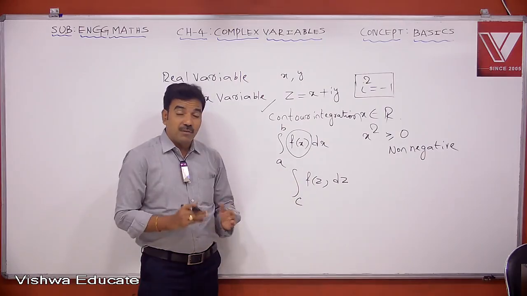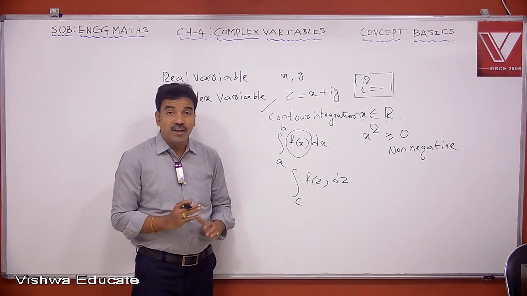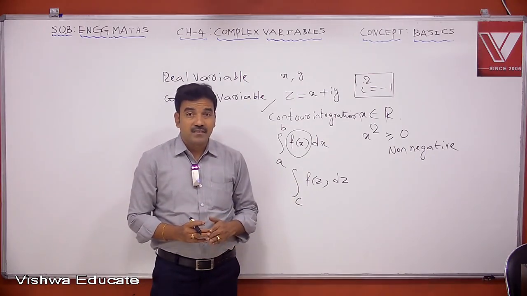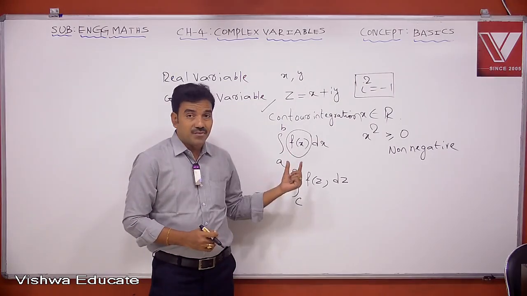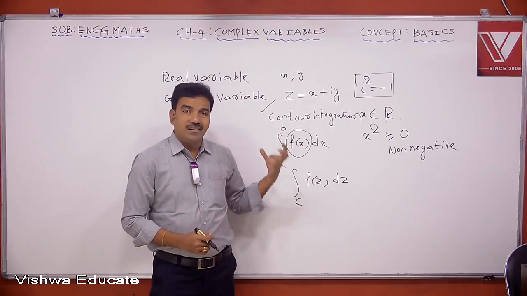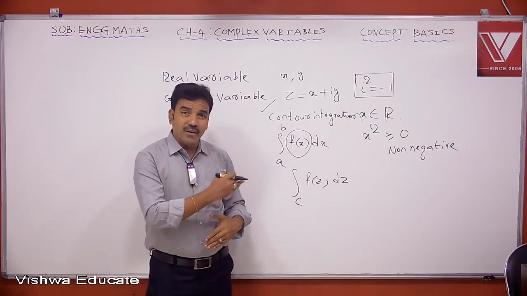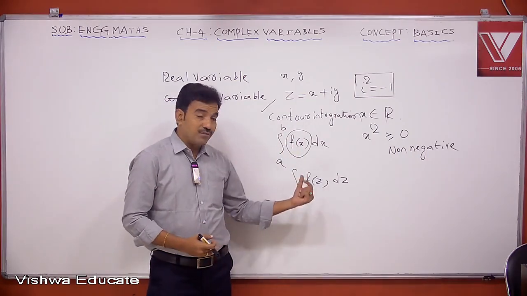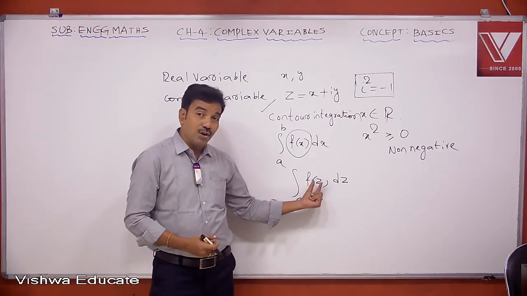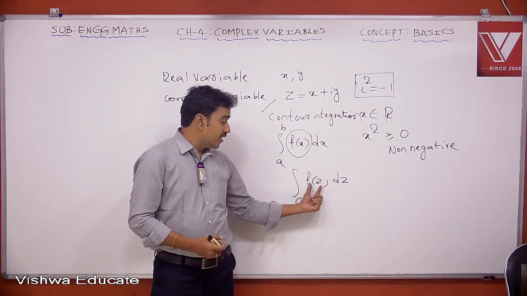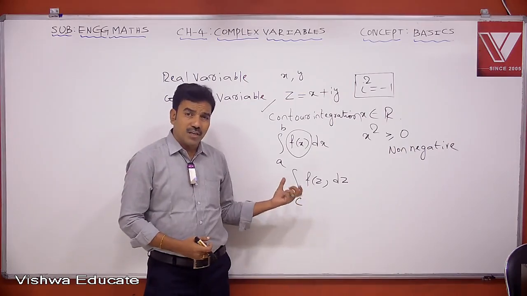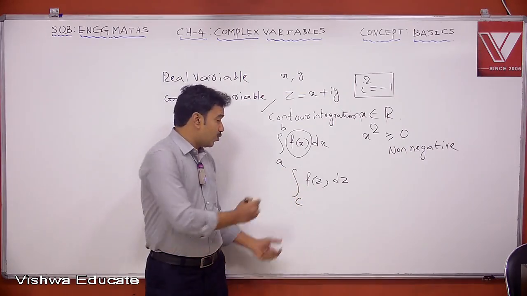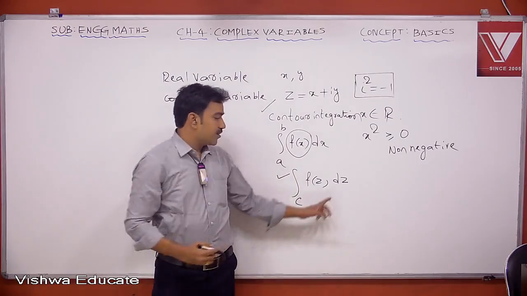But if the boundary of a curve is a circle or something else, then we can't go for real integrals. Therefore, to recover from this, we have complex variables. Here z is a complex variable, and we integrate f of z over some contour. Contour means a simple closed curve in the complex plane.